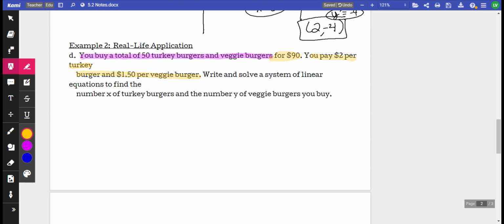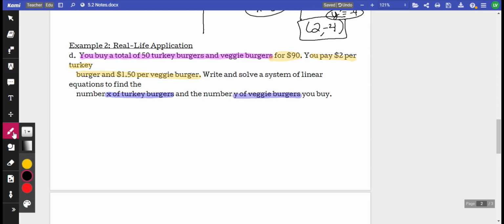We're going to write and solve a system knowing that x is the number of turkey burgers, y is the number of veggie burgers. So, for the first part, you buy a total of 50 turkey burgers and veggie burgers. Well, you don't know how many of each you buy. You just know that you have x turkey burgers and y veggie burgers, and that gives you a total of 50.